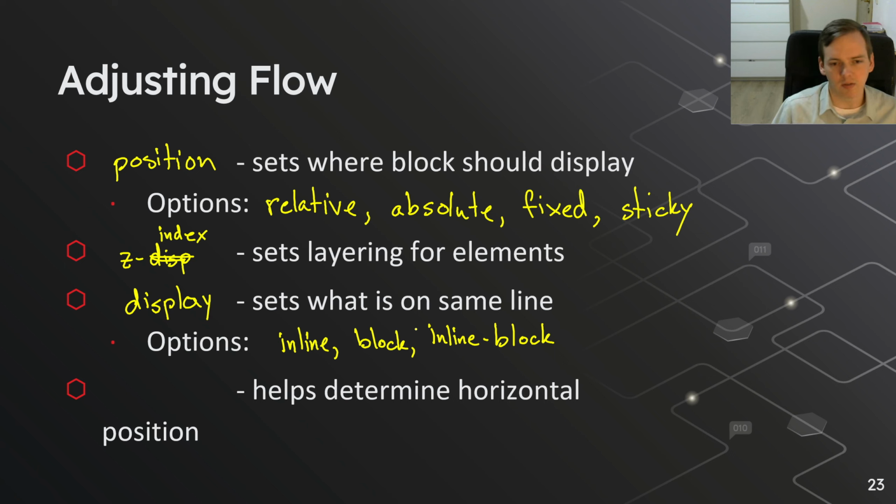But I just want to give the basic idea so that you have these seeds, and if you see inline, block, or inline-block, you know that's just determining what is going to show up on the same line and what's going to move to a different line.